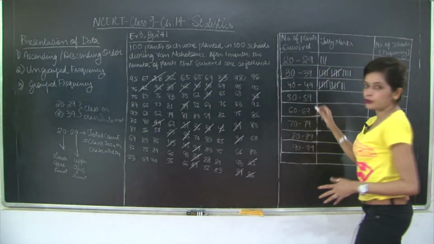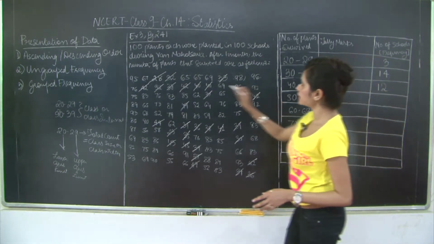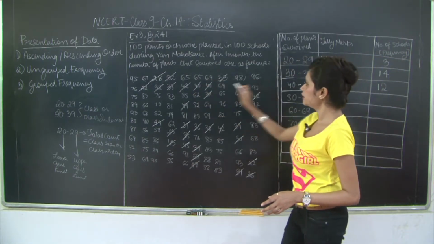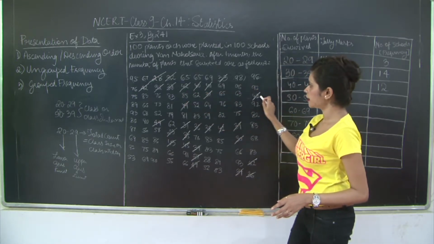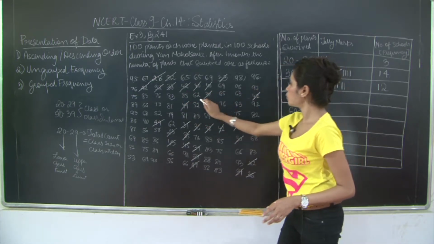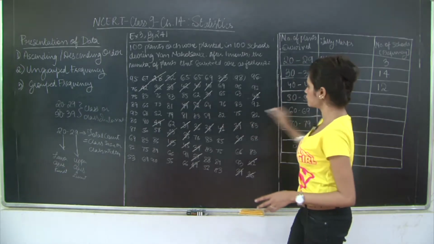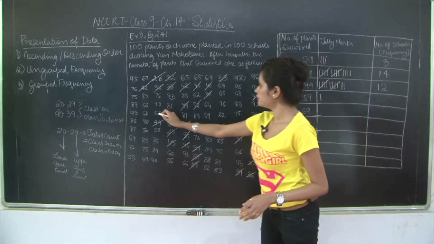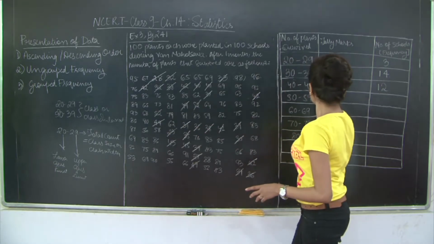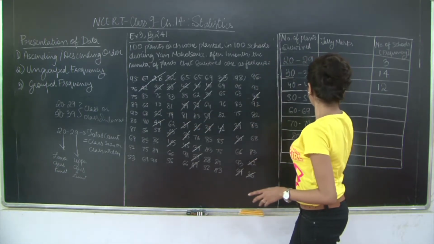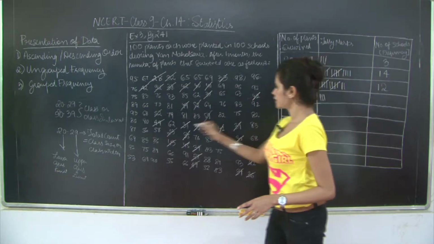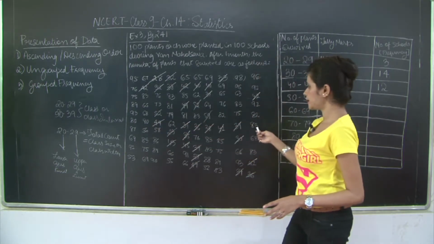Let's proceed to the group 50 to 59. So let's check in the first row, 50 to 59, none. Second row, none. Third row, none. Fourth row, 1. So I'll put 1 entry out here. Then none. Then over here, 2. Then 3. Then this row, none.